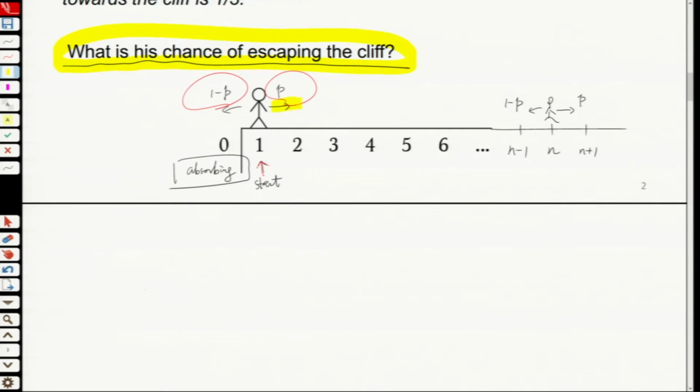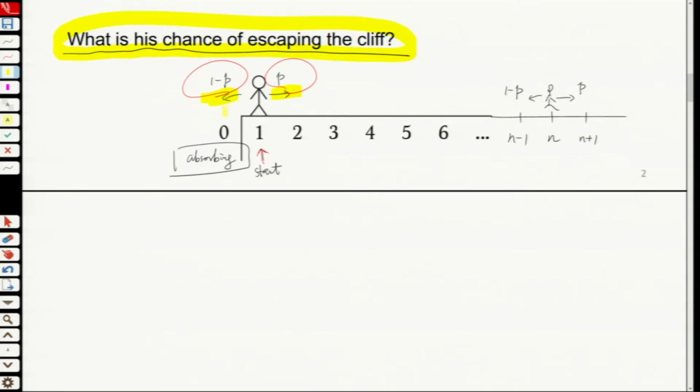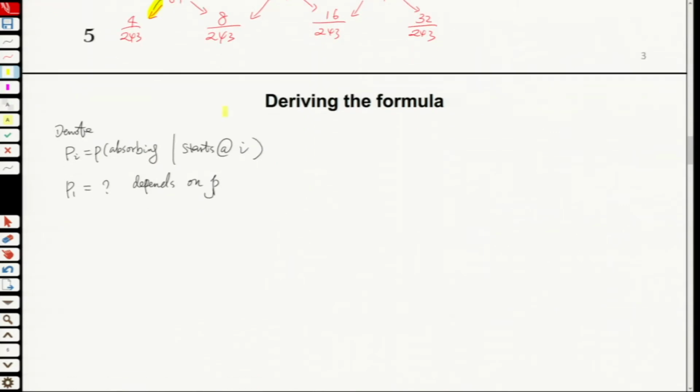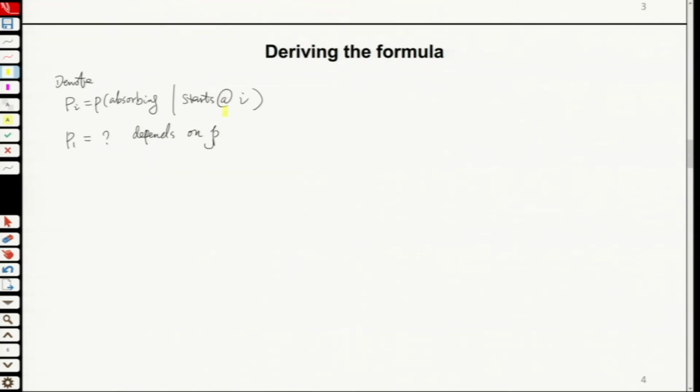The probability to go right and the probability to go left. It depends on the p. Obviously, it depends on the p. But what is the relationship between P_1 and this lowercase p? So if I may draw it, I can draw a cliff over here. You see?